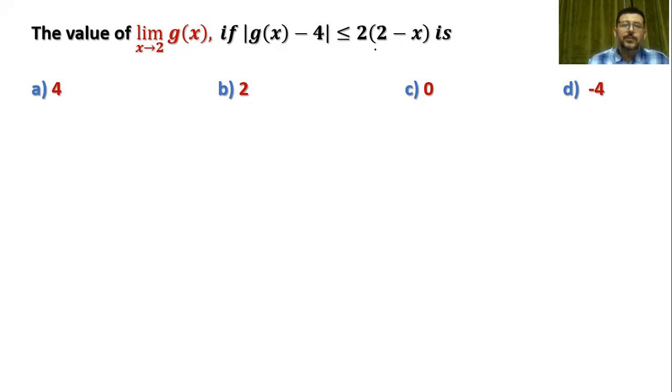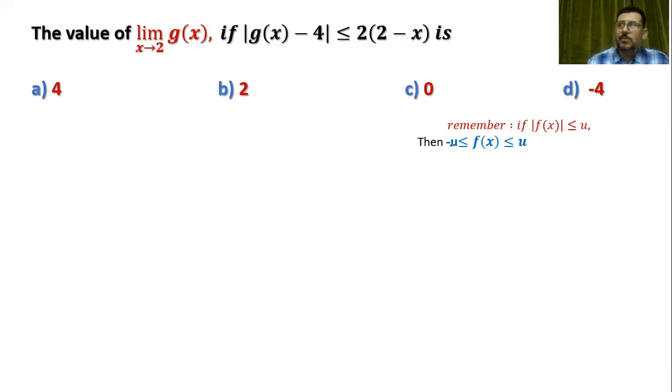I don't know. What about absolute value? If the absolute value is less than or equal to any positive quantity, then the inside of the absolute value is between this value and the negative of this value.